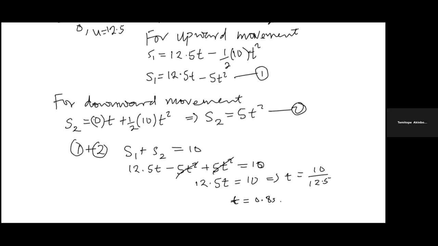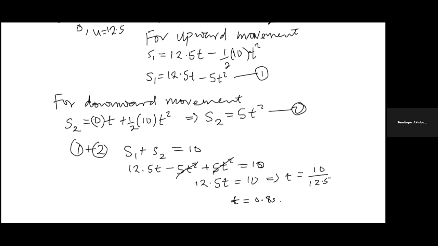Now, have we answered the question? No, sir. Very good. We have only found the time at which they will meet. The question says we should find the height above O at which the particles meet. So what will we now do?